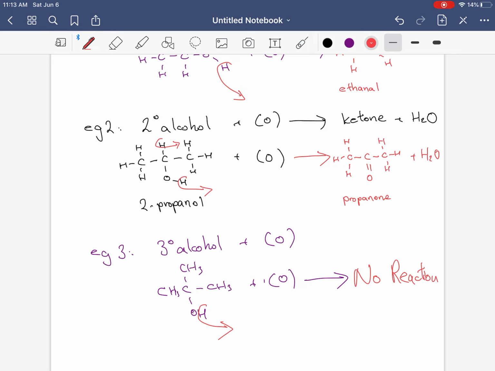Don't be fooled. Okay? So whenever you see a reaction and it's a tertiary alcohol you're trying to oxidize, make sure you tell the person who's asking you that question, hey, that's impossible because I can't find another hydrogen to make water with. Make sure you let them know.